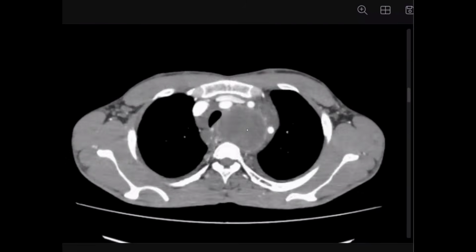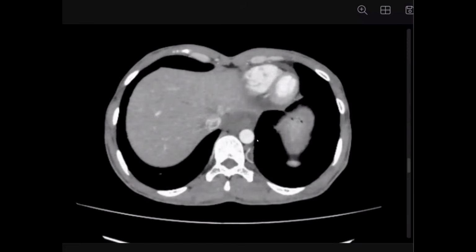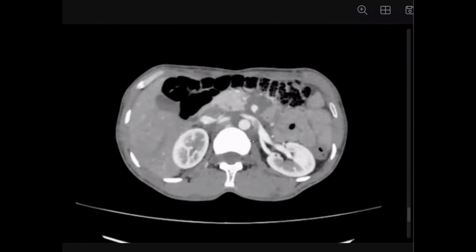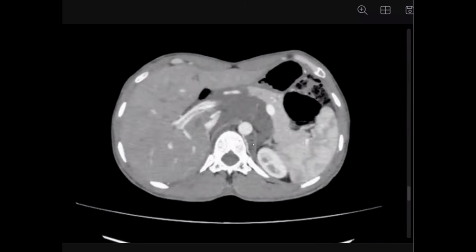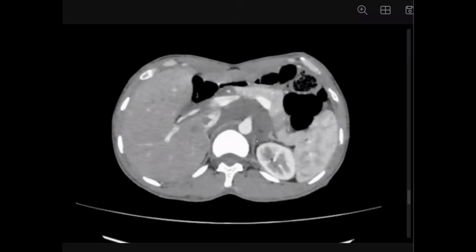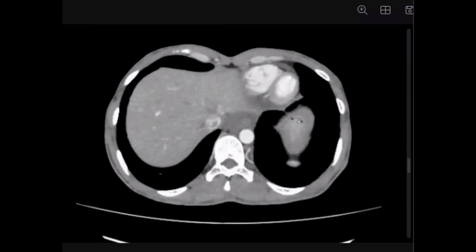This one was proved as plexiform neurofibromatosis with malignant transformation or sarcomatous changes. It was proved on biopsy, okay? But at least we are thinking of neurogenic tumor because of these skin nodules. Don't forget to check the skin nodules in these cases.